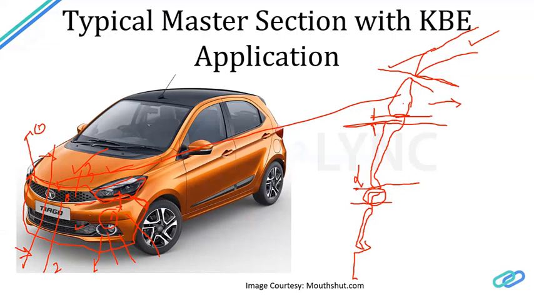If there is a change, for example, if this split line gets changed to somewhere here, automatically my part, the top part, will get updated. And then if this part gets updated, this grill also gets updated. If this grill gets updated, if there is a change in the interface, then the chrome strip will also get updated, and so on and so forth.